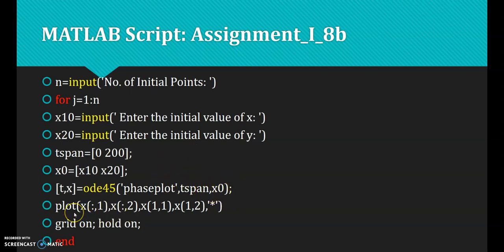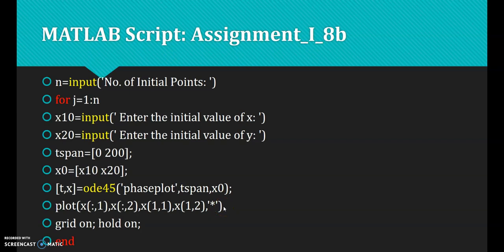Now if I use this plot command, you can see that obviously the solution from this x, all rows first column and all rows second column, is going to be plotted. But there is one more interesting thing: x11 comma x12 with a star.